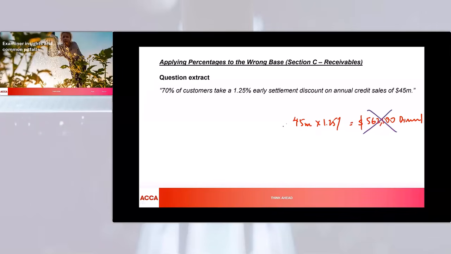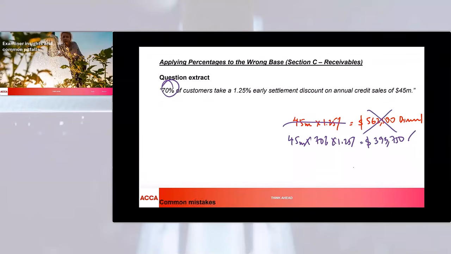It's wrong because only 70 percent of the 45 million is relevant. You should take 70 percent and then 1.25 percent. So 45 million into 70 percent into 1.25 percent, and the right discount tends to be $393,750.